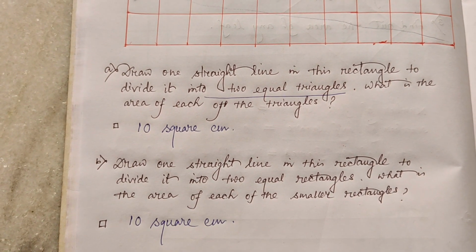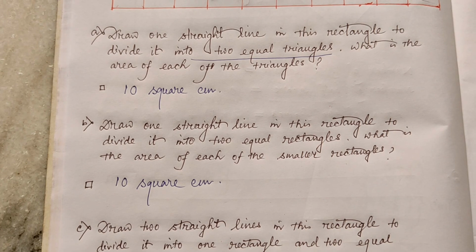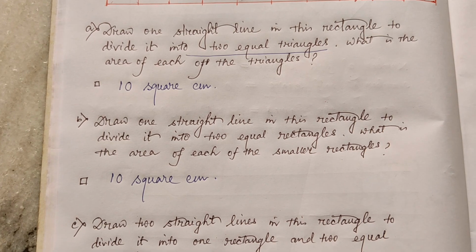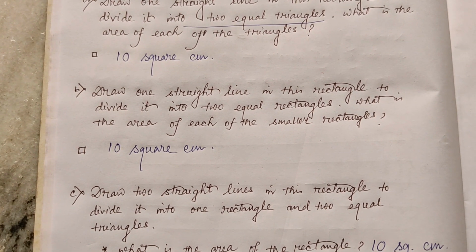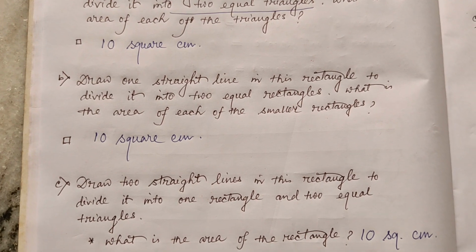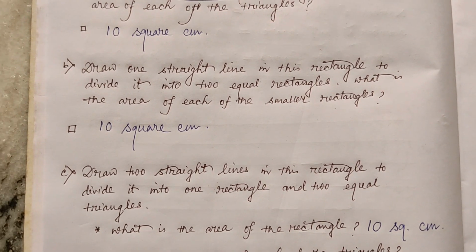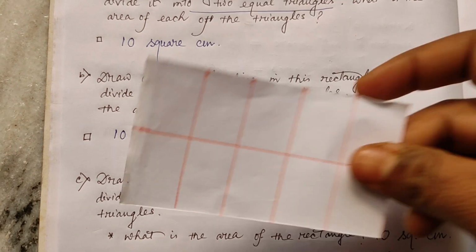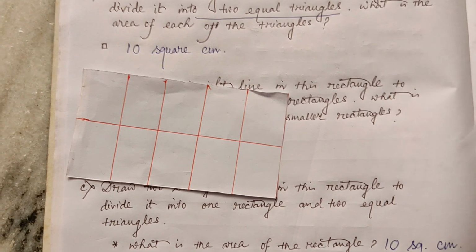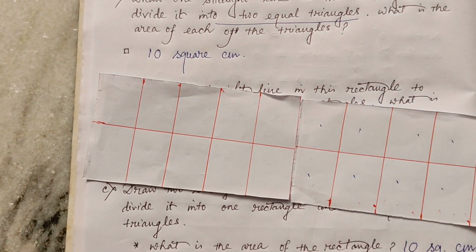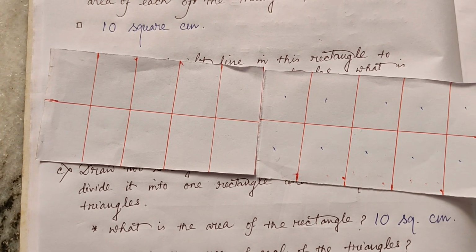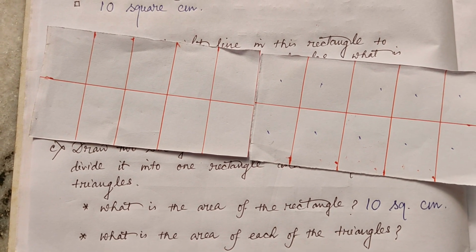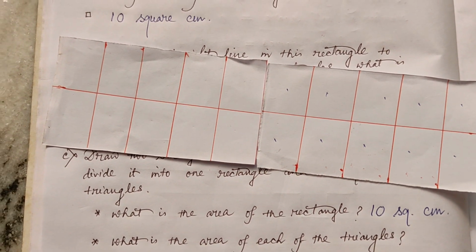Next, come to the next problem. Number B. Draw one straight line in this rectangle to divide it into two equal rectangles. What is the area of each of the smaller rectangles? So here I have taken one rectangle of 20 square centimeter and divided it into two equal parts.